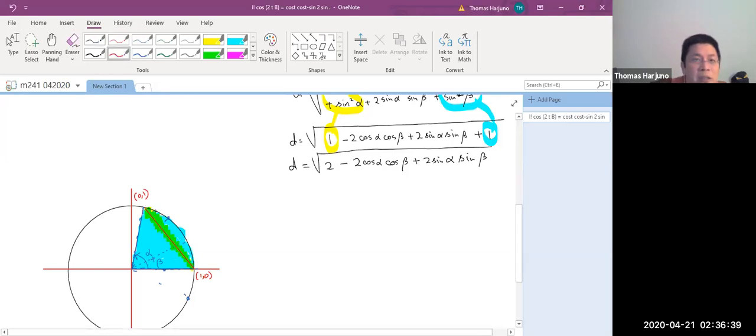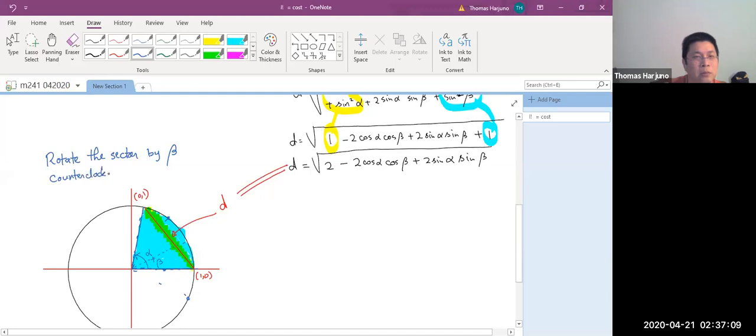Now the distance d here should be the same as that distance that we had earlier, because I rotate the sector by angle beta counterclockwise. So that's what it looks like.